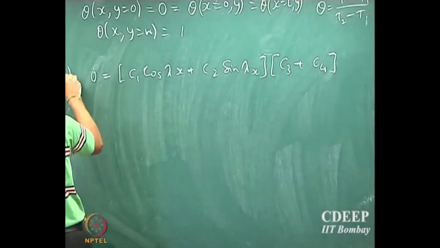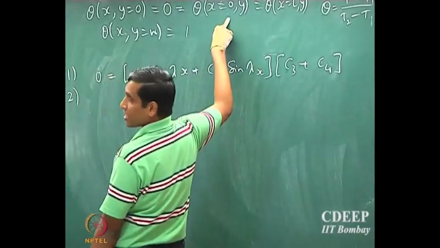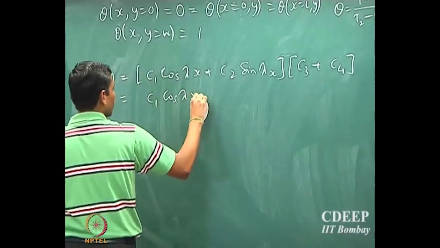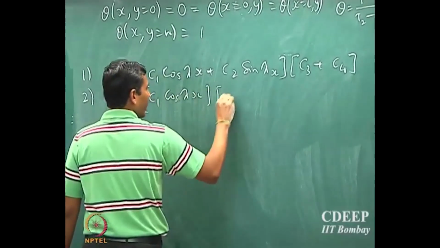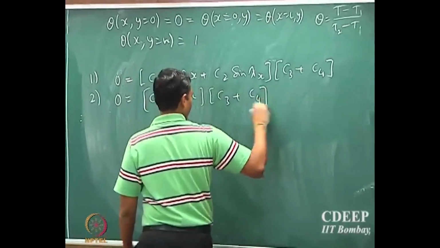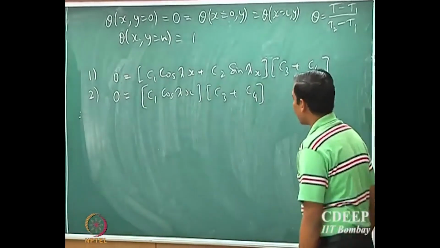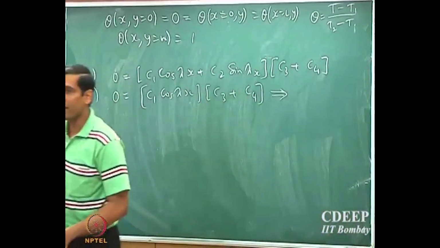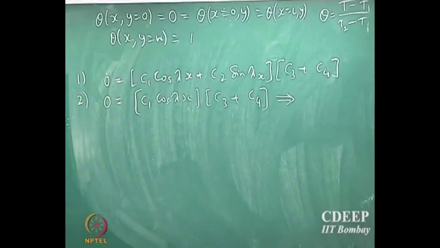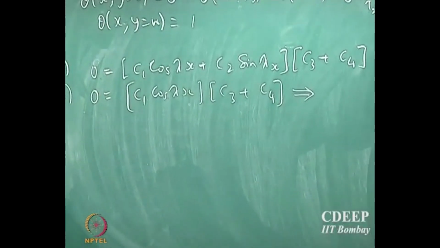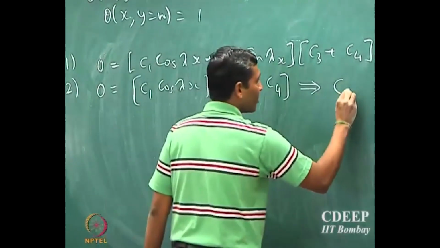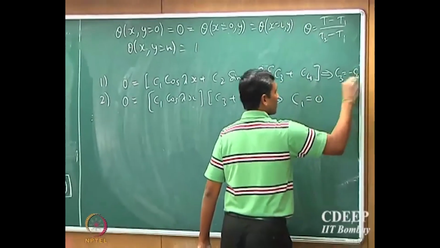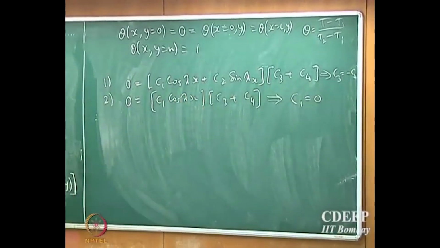And if I put the second boundary condition, x equal to 0, we will have 0 equal to C1 cos lambda x multiplied by C3 plus C4. From these two you can easily read out: cos lambda x is the eigenfunction of the eigenvalue problem, and that cannot be trivial, which means it cannot be 0. Therefore this imposes that C1 equal to 0, and this imposes that C3 equal to minus C4. That's what these two boundary conditions will impose.